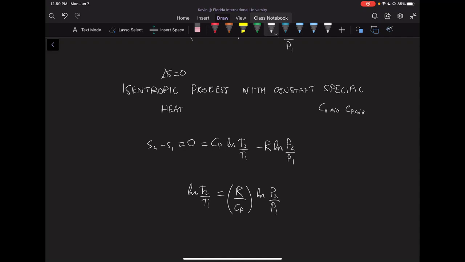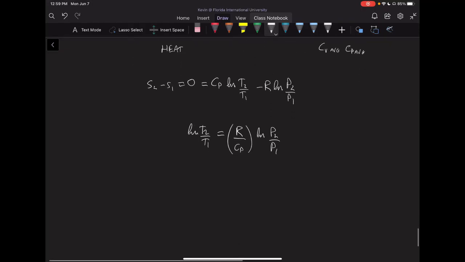Now, if we have a natural log on the left and a natural log on the right, we can cancel the natural logarithms. But in order to cancel them, we need to bring this as a power of P2 to P1. So we're left with T2 over T1 is equal to P2 over P1 to the power of R over Cp.